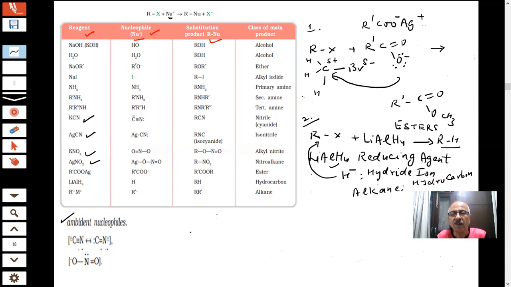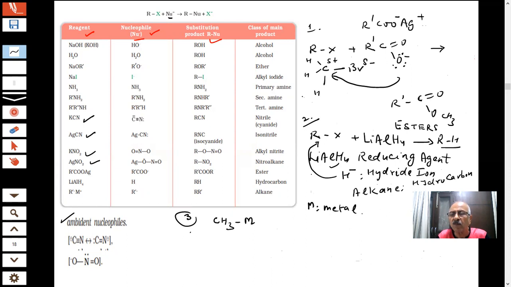Another reaction which we have shown here. If I attach a metal with an R group, like CH3 with some metal, M is a metal.